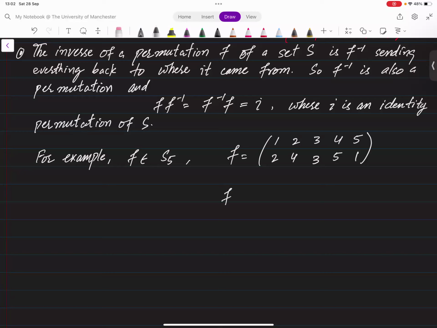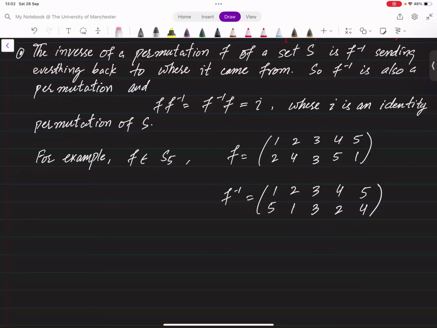Then f inverse is going to be 1 goes to 5, 2 goes to 1, 3 is fixed, 4 goes to 2, and 5 goes to 4.